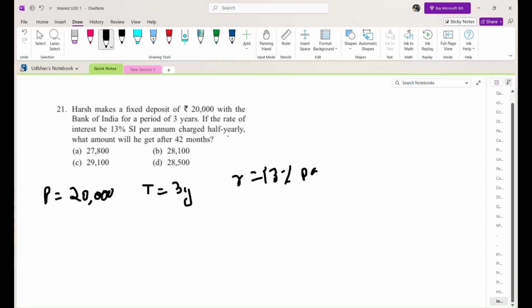Okay. So this 13% is being charged half yearly. If the rate of interest be 13% per annum, charged half yearly, that just means in this case we can take 13% simple interest compounded half yearly.